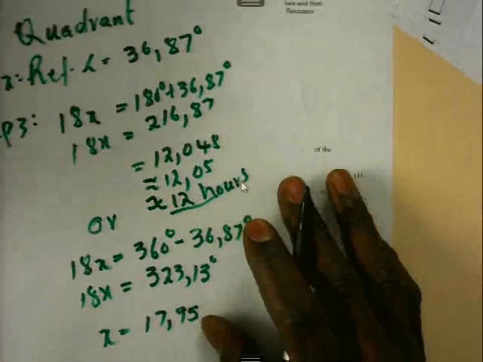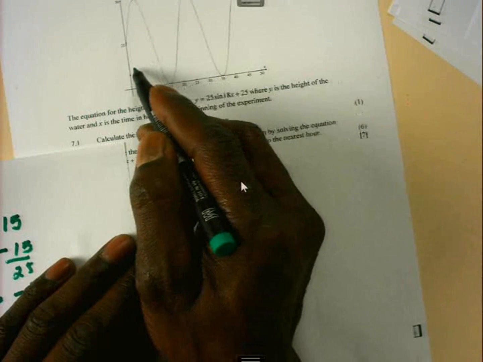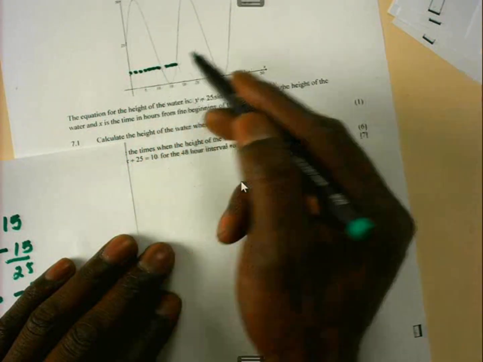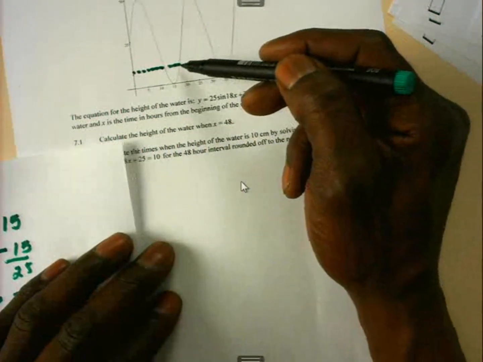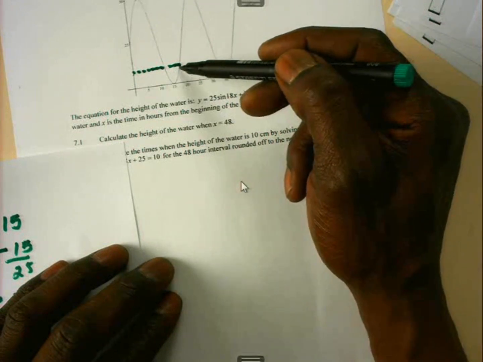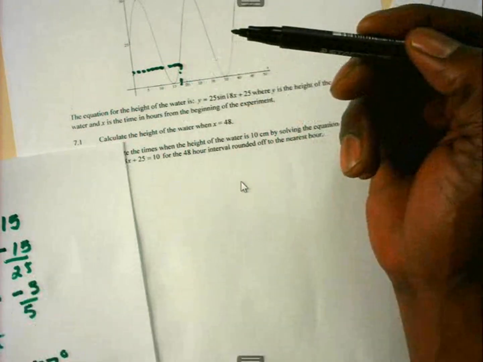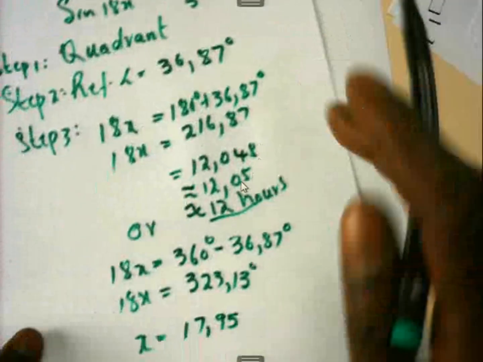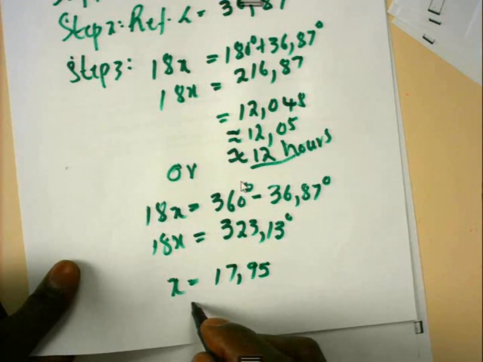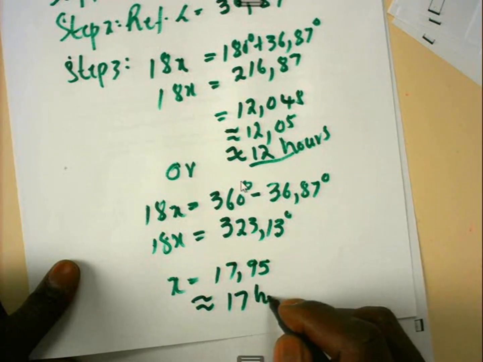And again, we said somewhere there is about 10, so we go there, and this also cuts this graph here. We should be having an answer that is more than 15. Our answer here is 17.95, which will be approximately 17 hours.